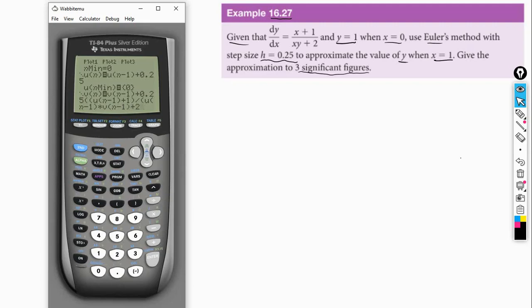So we close the parenthesis for the denominator, and we close the parenthesis for the full expression. And then let's not forget the minimum for y, which in this case is 1.